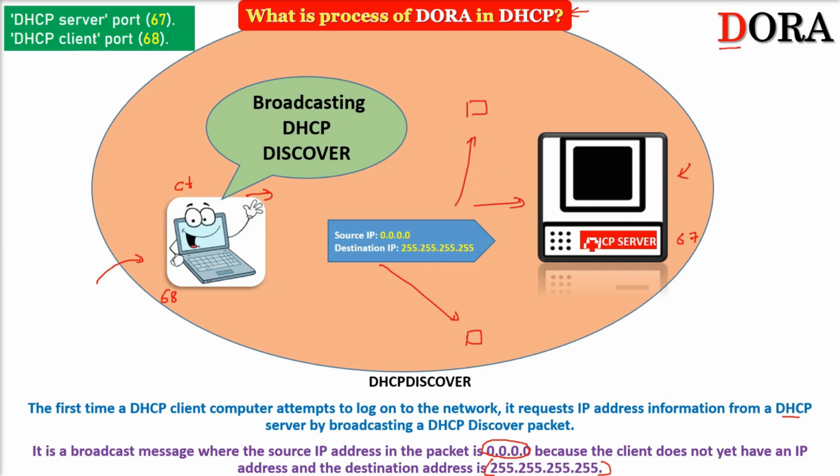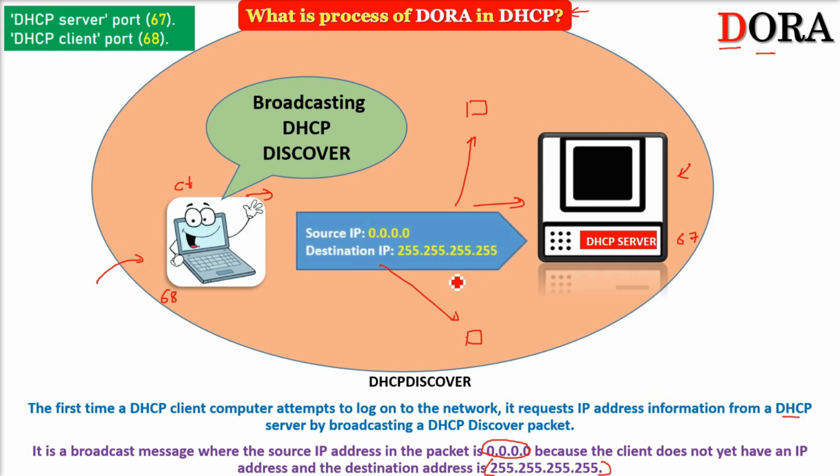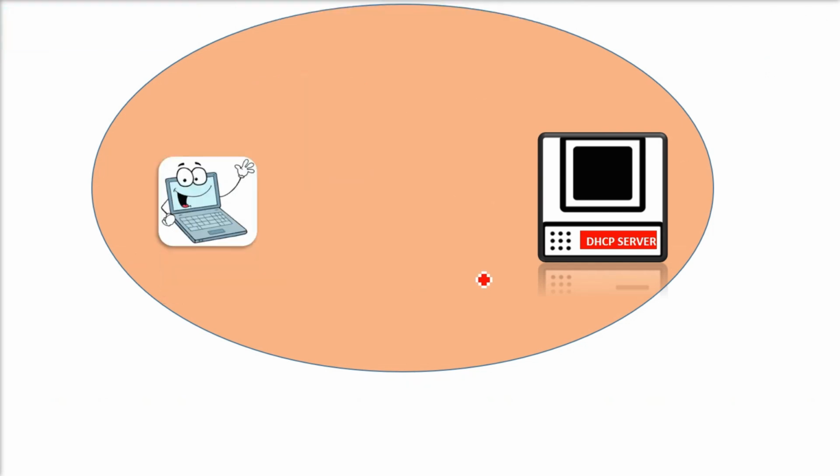Now the DHCP server knows that, and it is listening on port 67, so it will get the DHCP discover packet. Now the second step comes in. This is called the DHCP offer process.